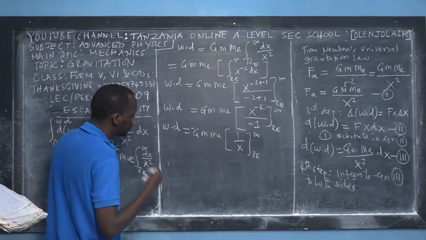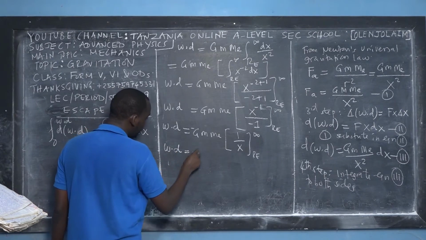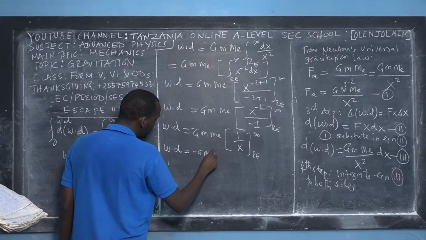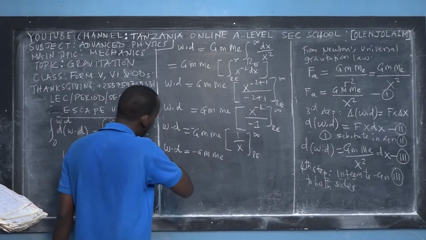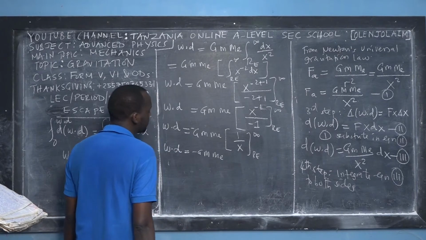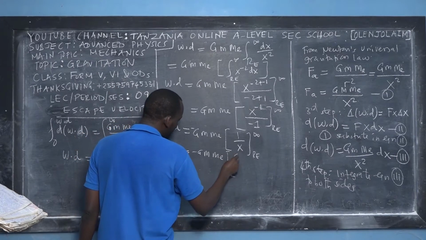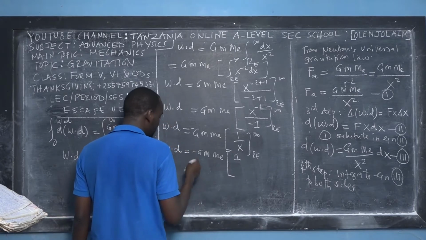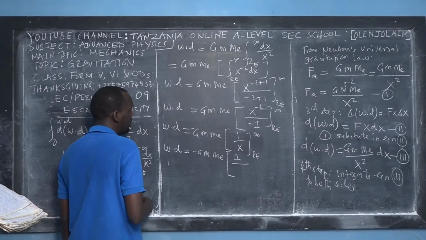Okay? So if that is the case, listen carefully on substitution of the limits there. Negative G, mass of the S, and then we say that the multiplier is 1. What is this constant? It is 1. Then the gravitational constant.